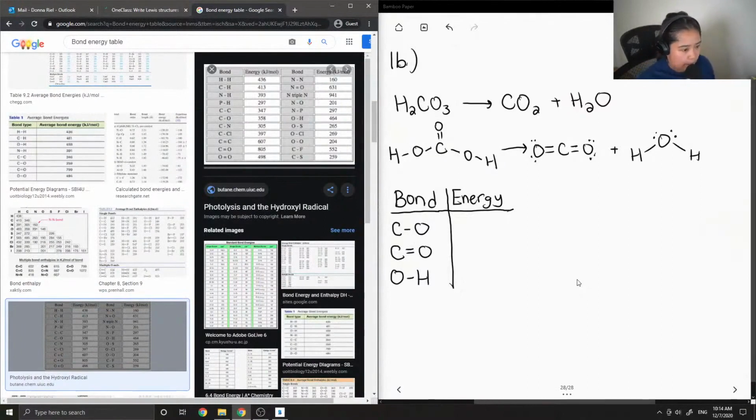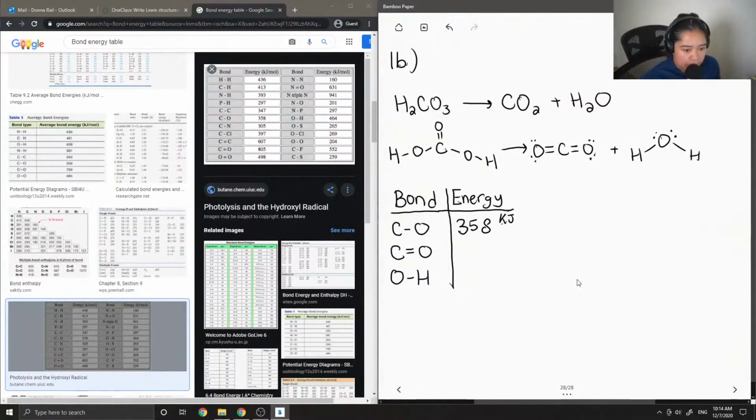Okay, so using this table, a carbon-oxygen bond has an energy of 358 kilojoules per mole. A double bonded carbon-oxygen bond, 805 kilojoules per mole.